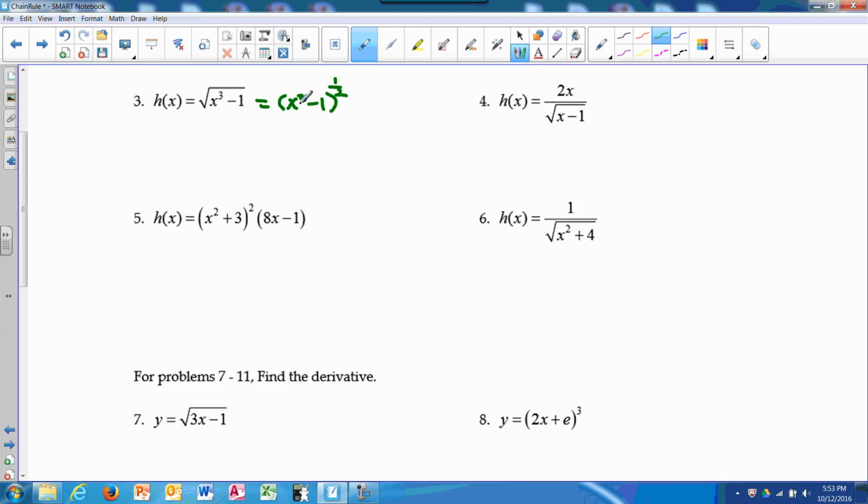I'm going to rewrite number 3 as the quantity x cubed minus 1, all raised to the 1/2 power. Then I could work the problem very similarly to the one that I did for number 1. I'm going to take the derivative of the outside. So that reduces us to the negative 1/2 power times the derivative of the inside.